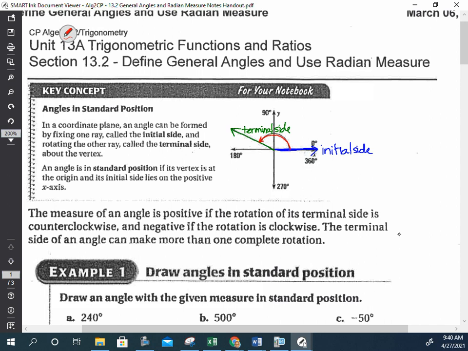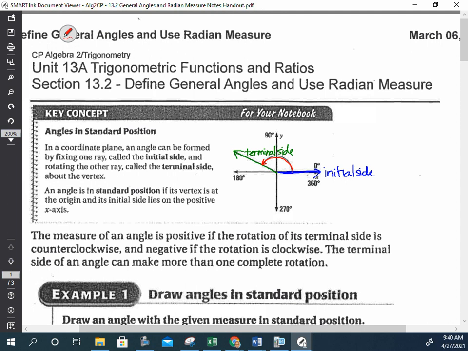So how you measure an angle depends on what direction you went. Think of this as a clock. If you are looking at a standard clock, you have 12, 6, 3, 9. So your angle starts at 3 o'clock.